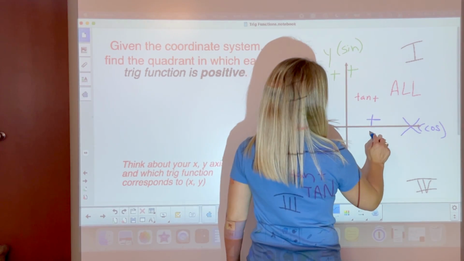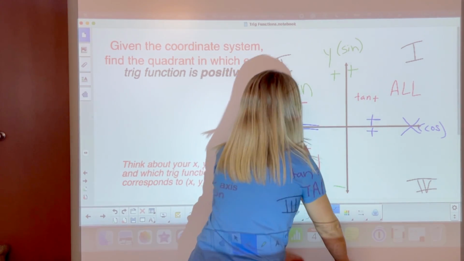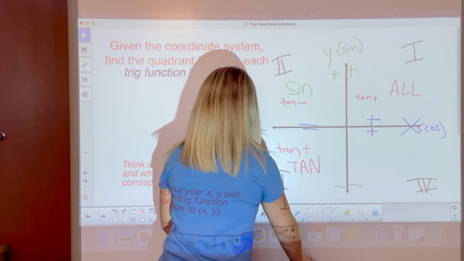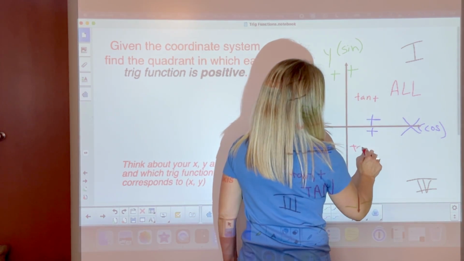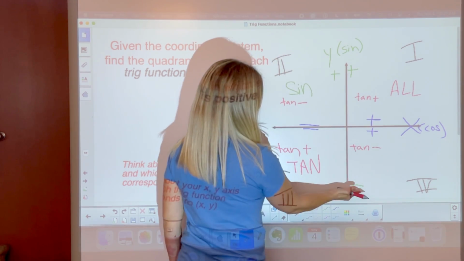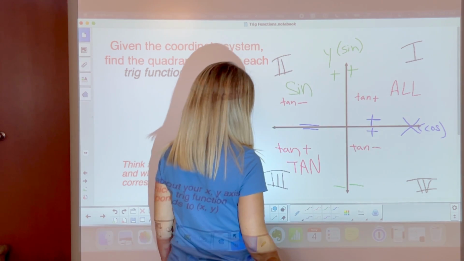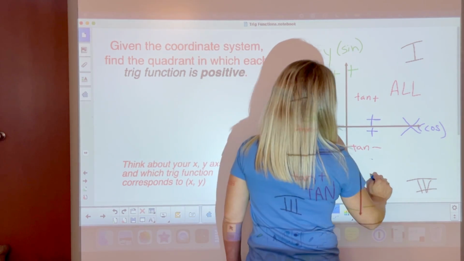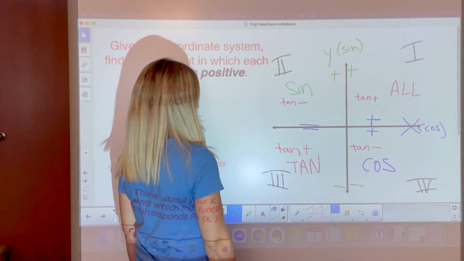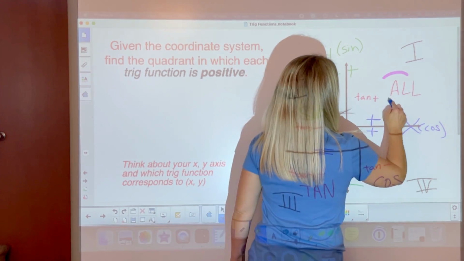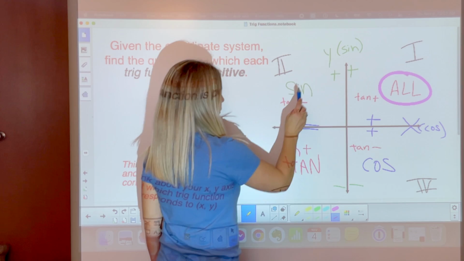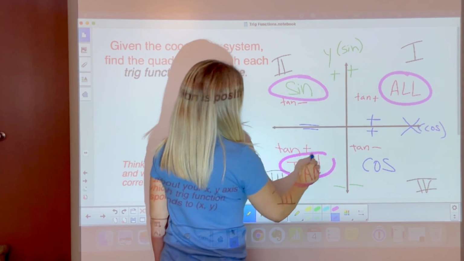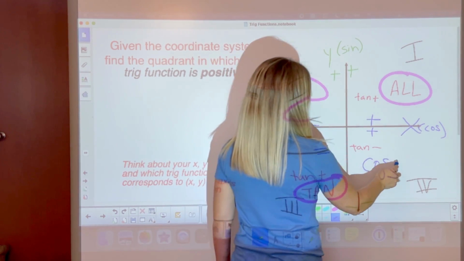In quadrant 4, your x values are positive, but your y values are negative, which means tangent is going to be negative again, a negative over a positive. So in this quadrant, the only thing positive is cosine. So quadrant 1, all of them are positive. Quadrant 2, sine is positive. Quadrant 3, tangent. In quadrant 4, cosine.